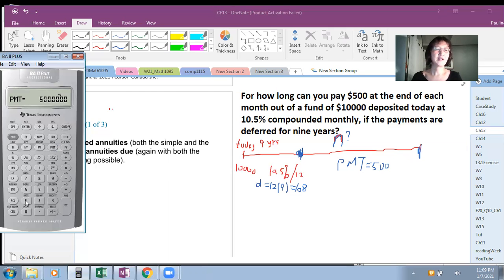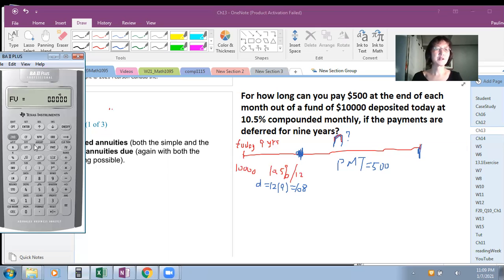And this annuity, 10.5 is IY interest. And then do not forget 0 is the FV for this annuity as precaution to clear any previous entries.